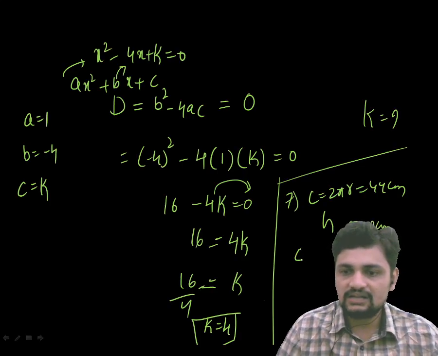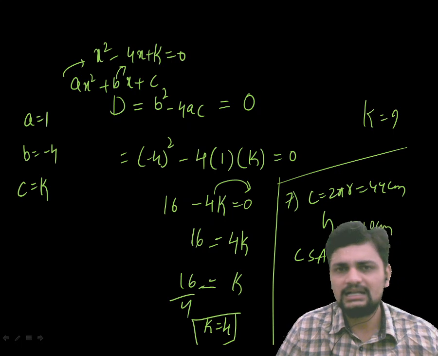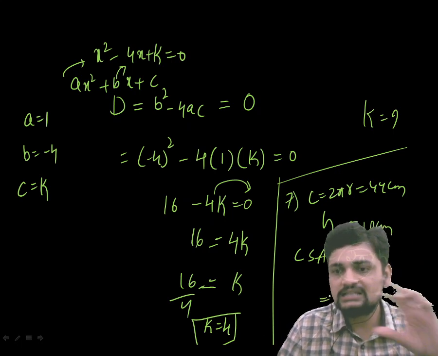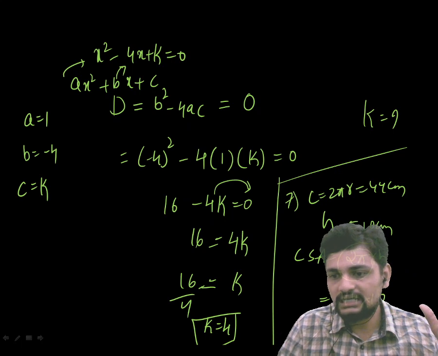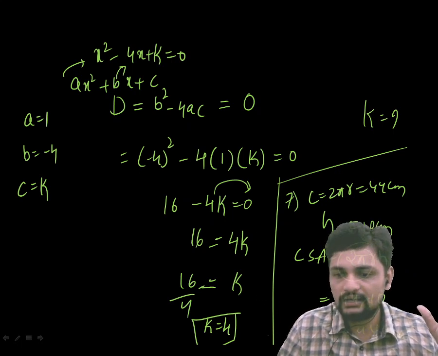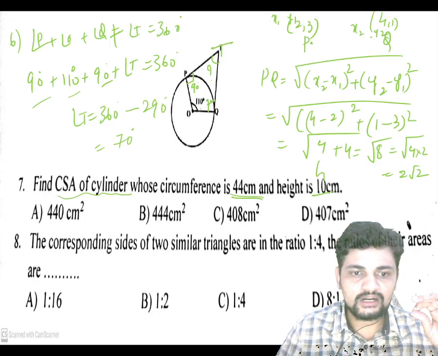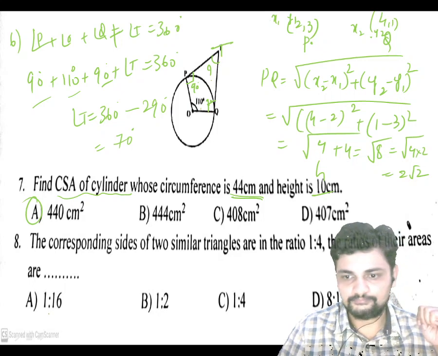So they are asking curved surface area of a cylinder, direct formula based question, which is 2 pi rh. So the value of 2 pi r is a circumference which is 44, height is 10. So 440 centimeter square is the option in this seventh question. So we have option A.